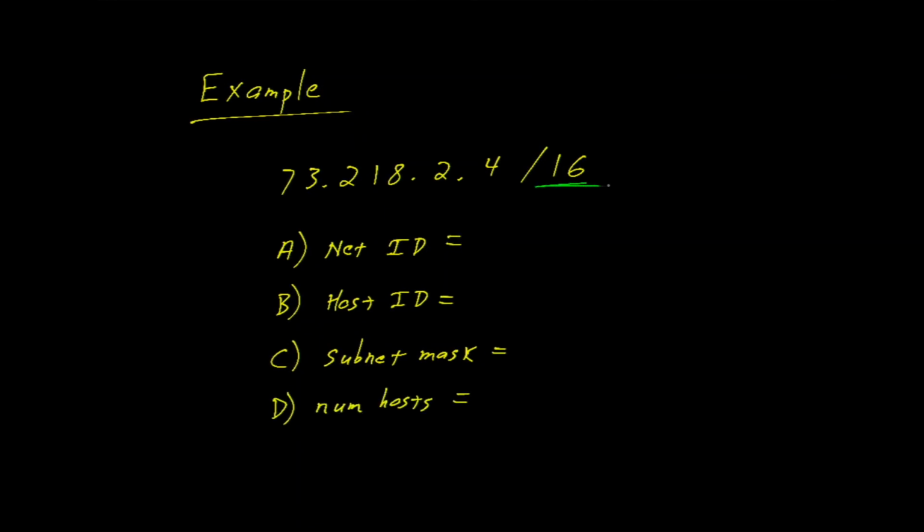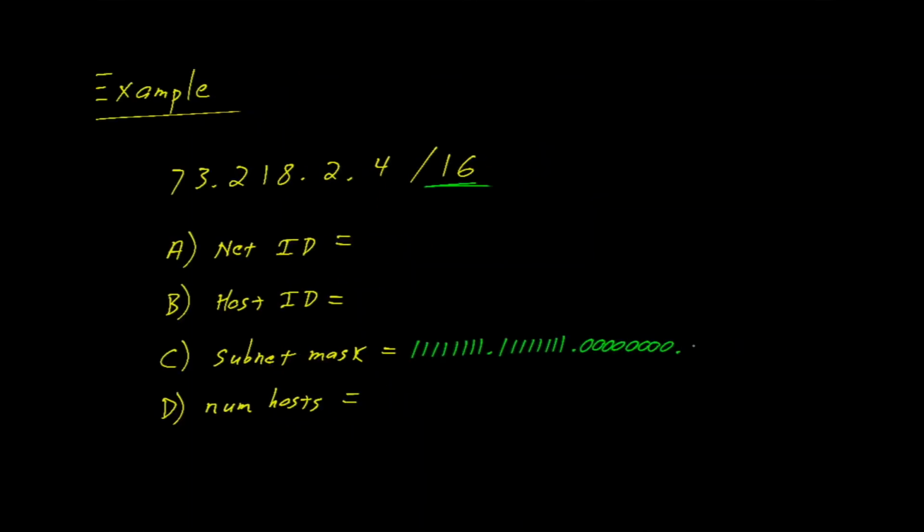On a /16 network, the subnet mask is 1, 2, 3, 4, 5, 6, 7, 8, so 8 ones, followed by 8 more ones, followed by 8 zeros, followed by 8 more zeros, which means the first 2 octets determine the network ID.